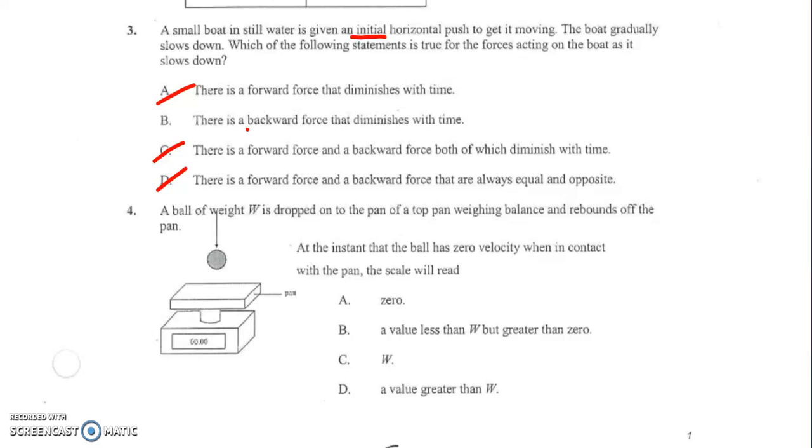So now we know that there's some force going backwards, and there's only one choice that does not talk about a forward force. The force is diminishing with time, and that's because as the boat moves across the water, there's a velocity dependence with drag, unlike friction. So therefore, that force, as it slows down, gets less and less.